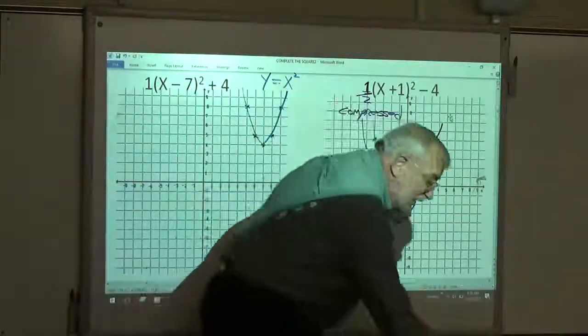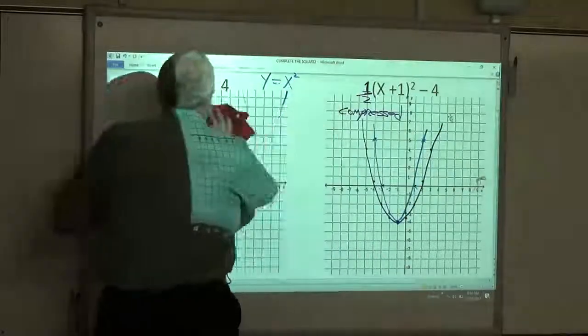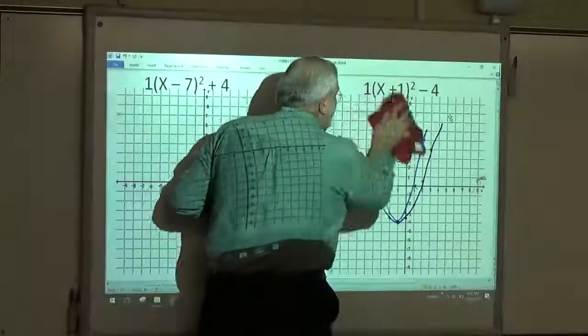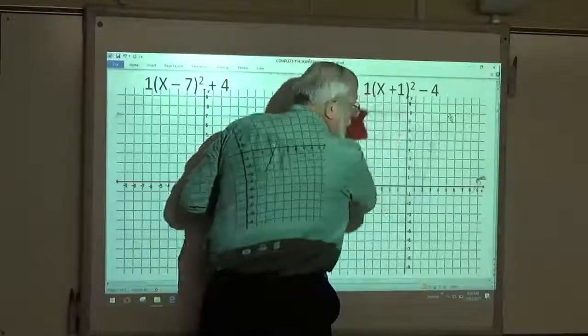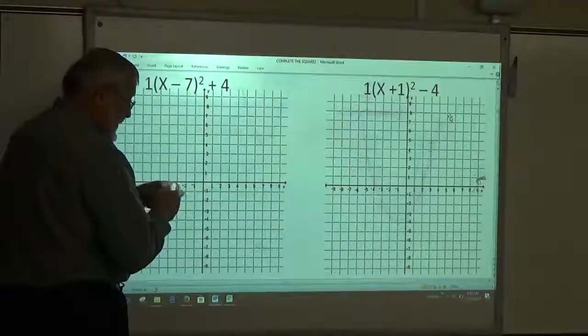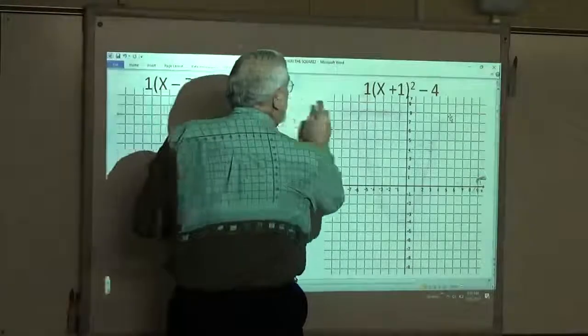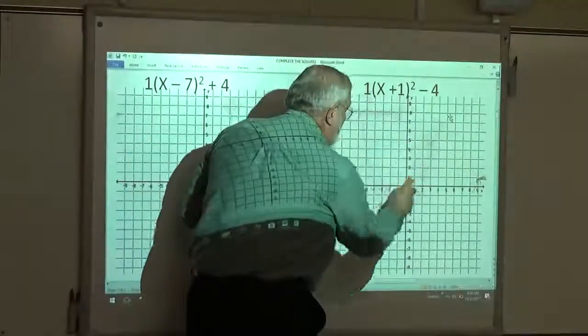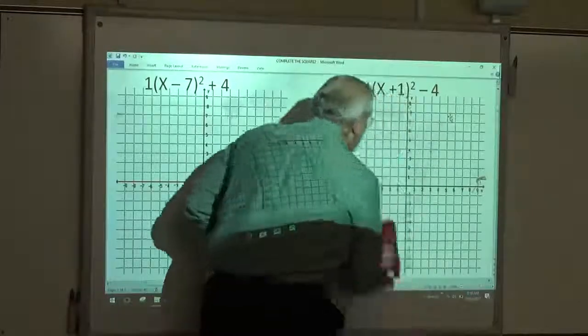All right, now let me erase the board because we still got a long way to go. Now, when the x value has a coefficient of 1, all of this works pretty easy.